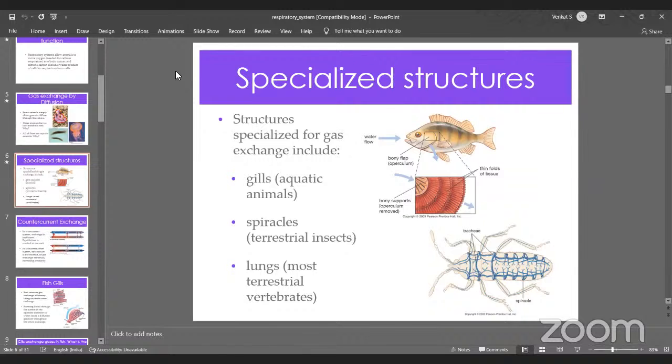Then thin folds of tissue are called gills. The bony support of the operculum is removed, so the gills are the only respiratory organs of aquatic animals. Spiracles are for terrestrial insects. The lungs are for most terrestrial vertebrates; respiratory functions depend on these special organs.